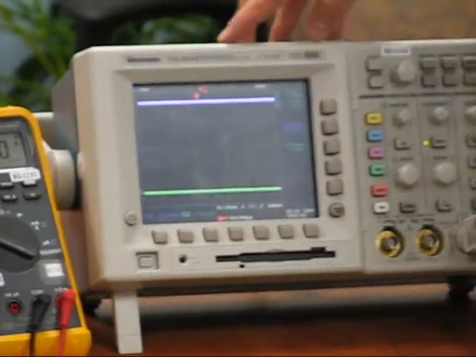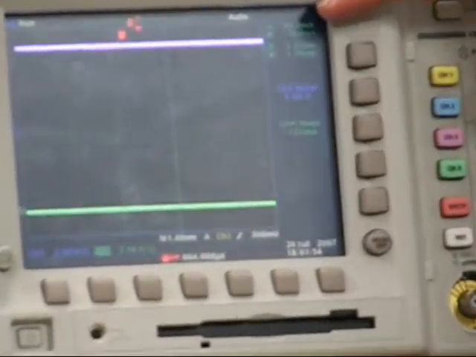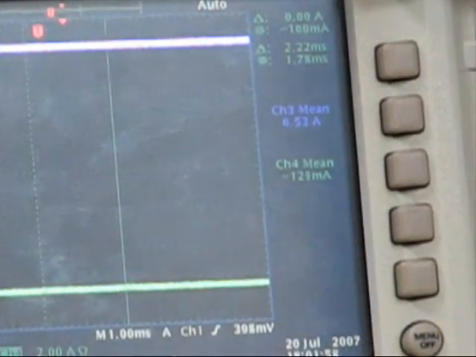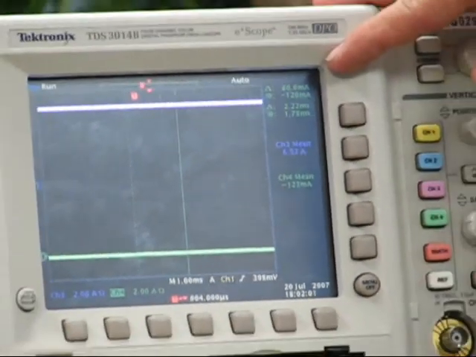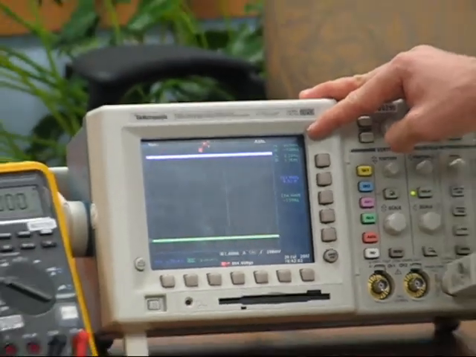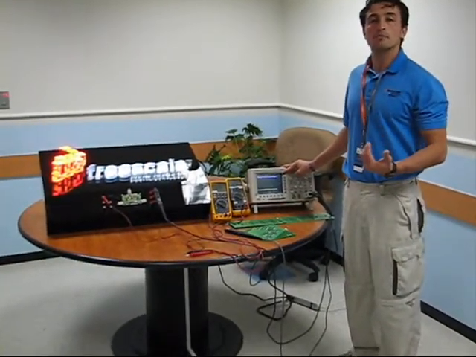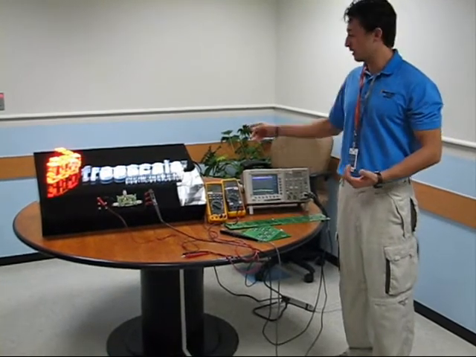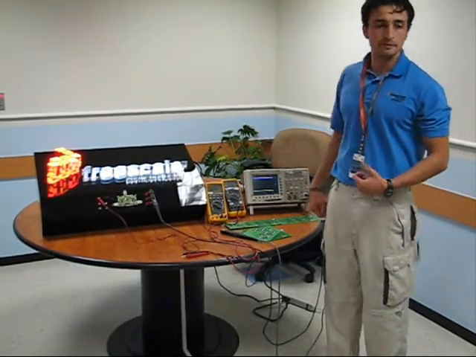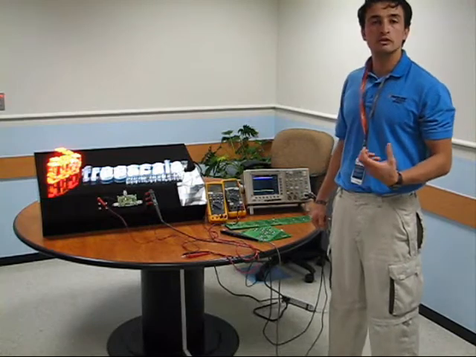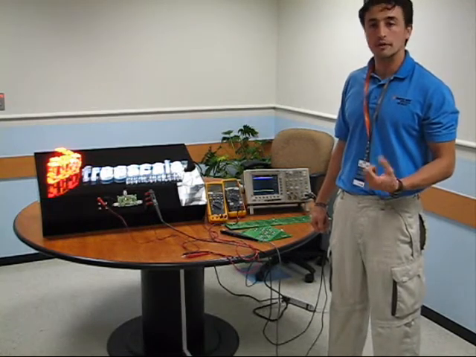And on the oscilloscope we can see the red wave. We are measuring about 6.5 amps. Multiplying the input voltage and the input current gives us the input power we are using from the input power supply. This gives around 32 watts of power.